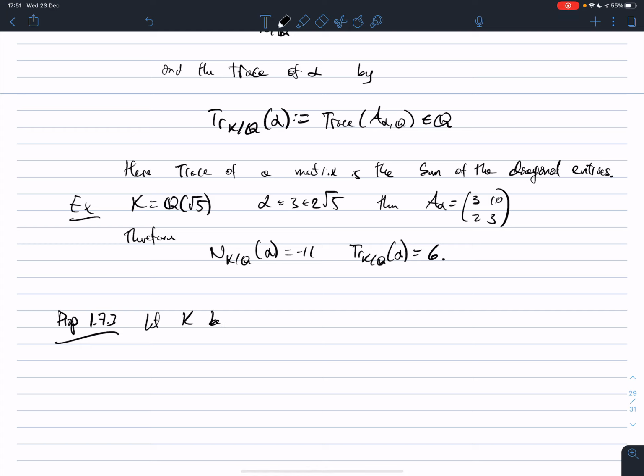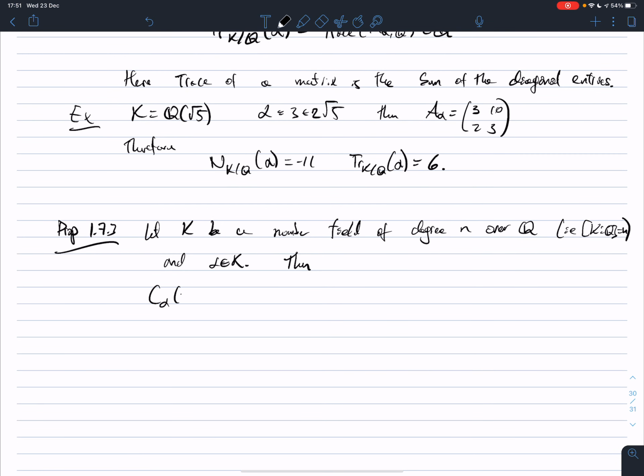Let K be a number field of degree n over Q, i.e. in symbols, the degree of K over Q equals n, and take alpha to be some element in K. Then the field polynomial C_x of alpha knows about the trace and the norm.